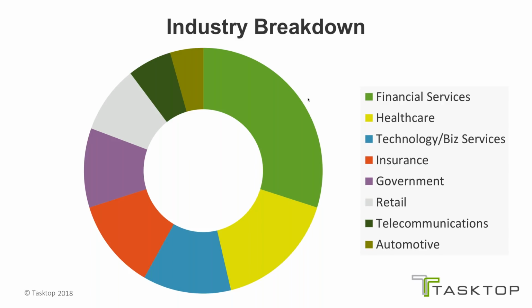And then these are all large enterprises. That's important to note as well. And one thing I want to point out is that automotive is the smallest section here, but we're seeing a trend of them wanting to be more connected with their value stream and wanting to get deeper into software for building their cars.